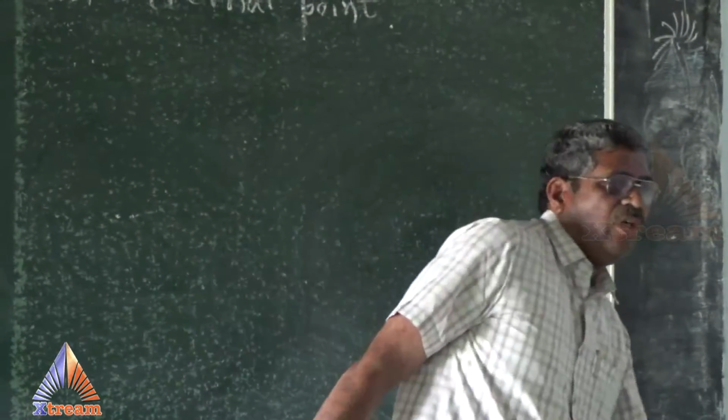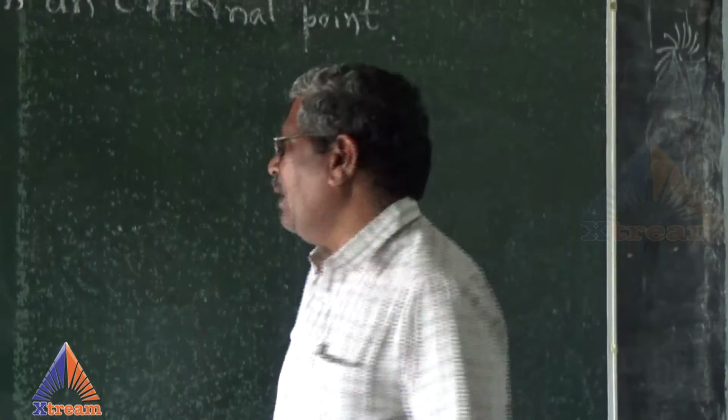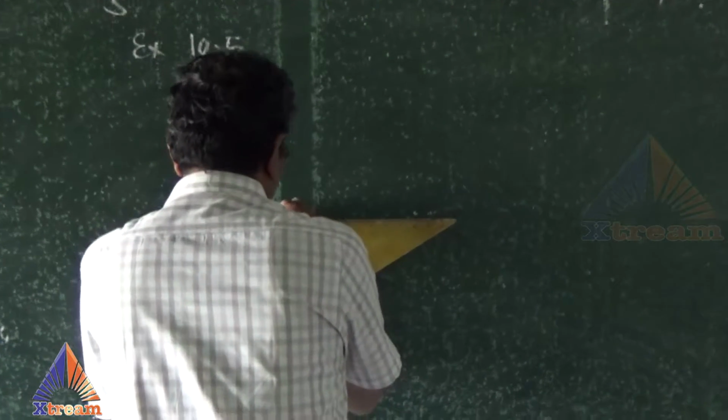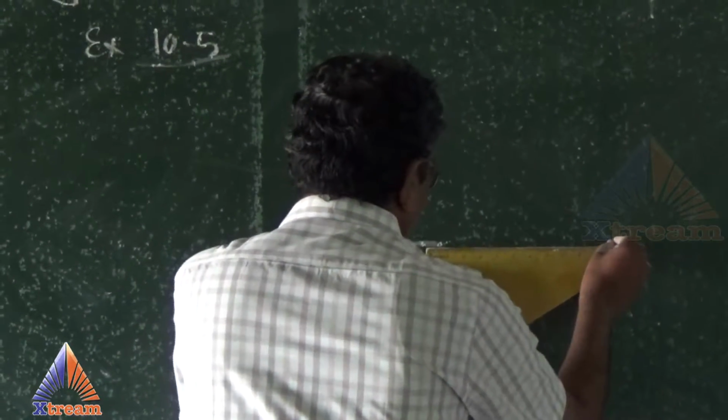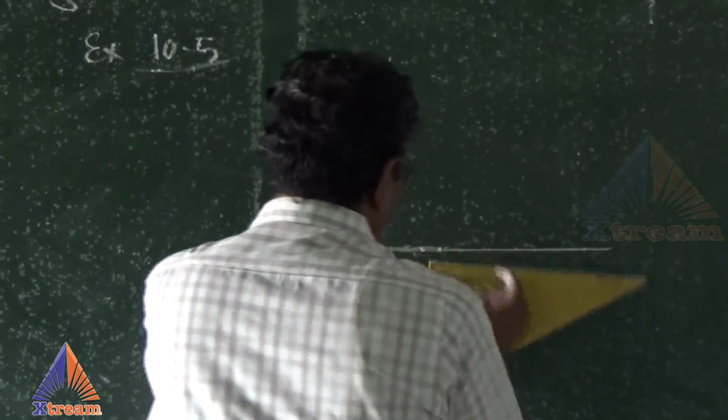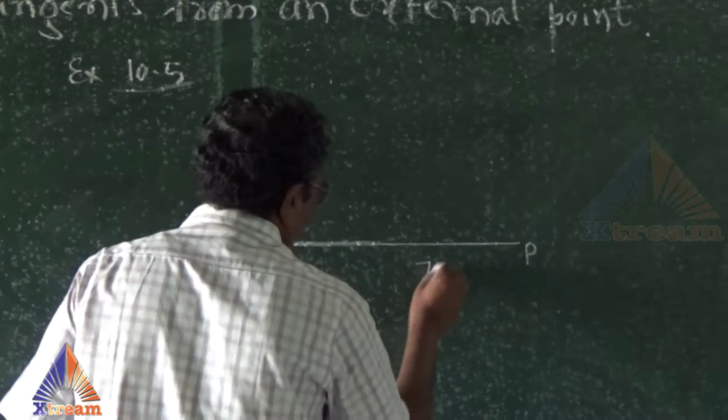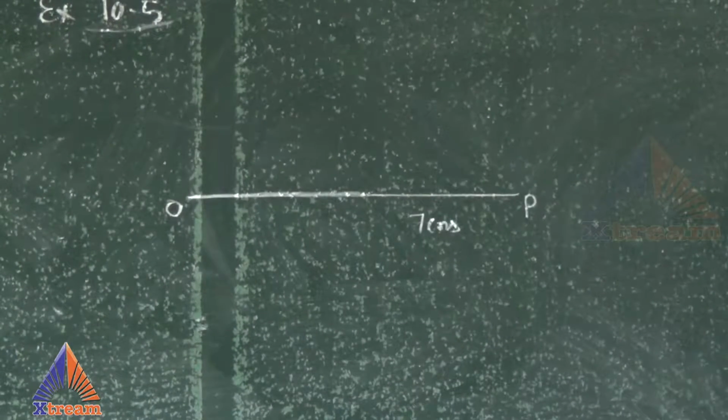First, draw the line OP equal to how many centimeter? 7 centimeter. OP is equal to 7 centimeter.